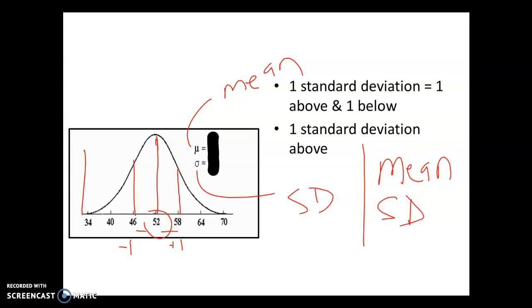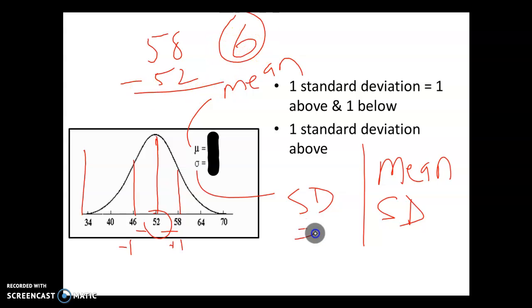So what would be the standard deviation? Well, what is 58 minus 52? It is 6, right? So the standard deviation is 6. 52 minus 6 is 46. So that is the standard deviation for this.